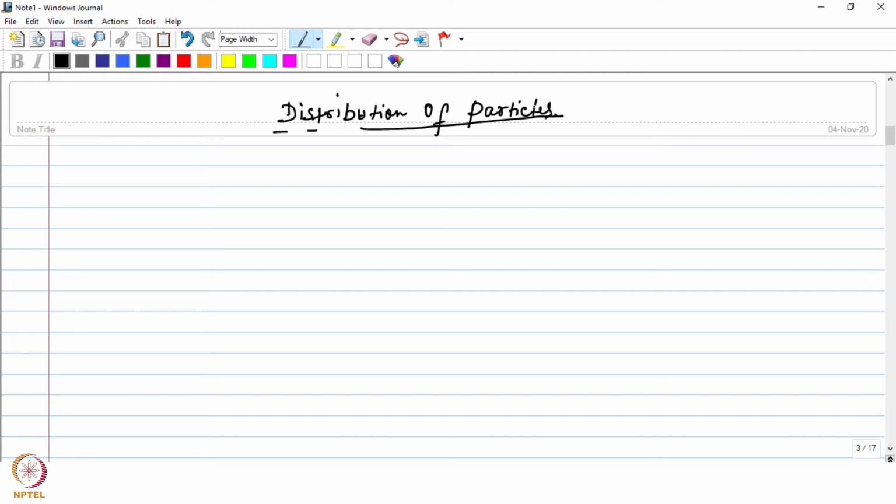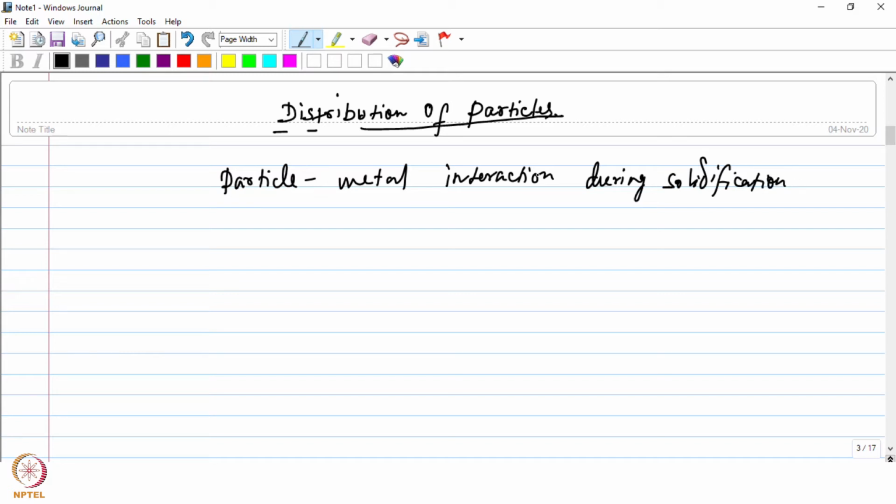Okay. So you'll have to see the interaction between the suspended particles and the metal during solidification, and this interaction would depend on certain parameters, particularly the temperature field of the particle matrix system.